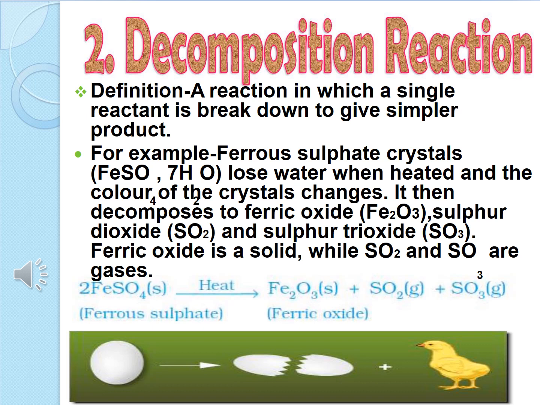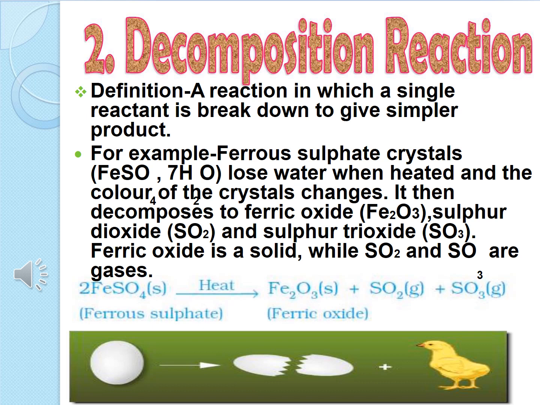After the combination reaction, the second type of reaction is decomposition reaction. This reaction is just the opposite of the combination reaction. It is that reaction in which a single reactant breaks down to give simpler products.